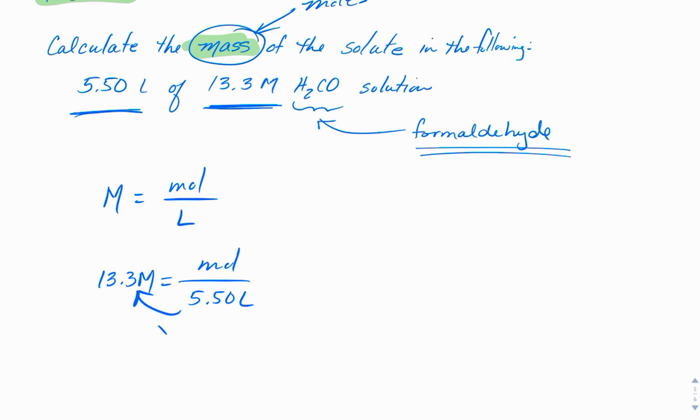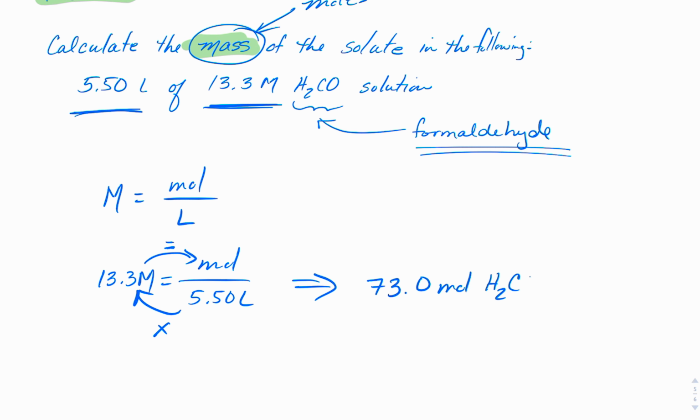And I'm going to multiply these two numbers, which will give me the moles on the numerator. And that ends up being a value of 73.0 moles of H2CO.